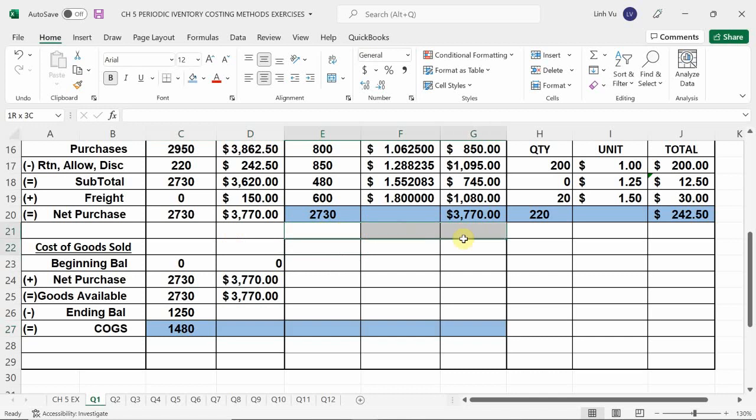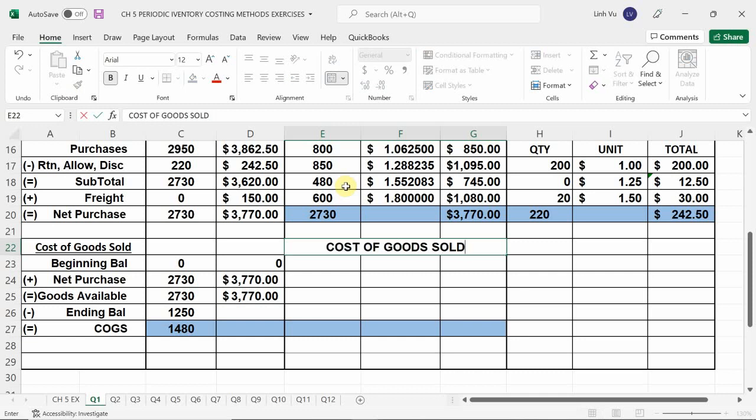So I'm going to build my table here to represent my cost of goods sold. If we use the rules of FIFO here, we're going to be getting rid of our first batches of inventory.